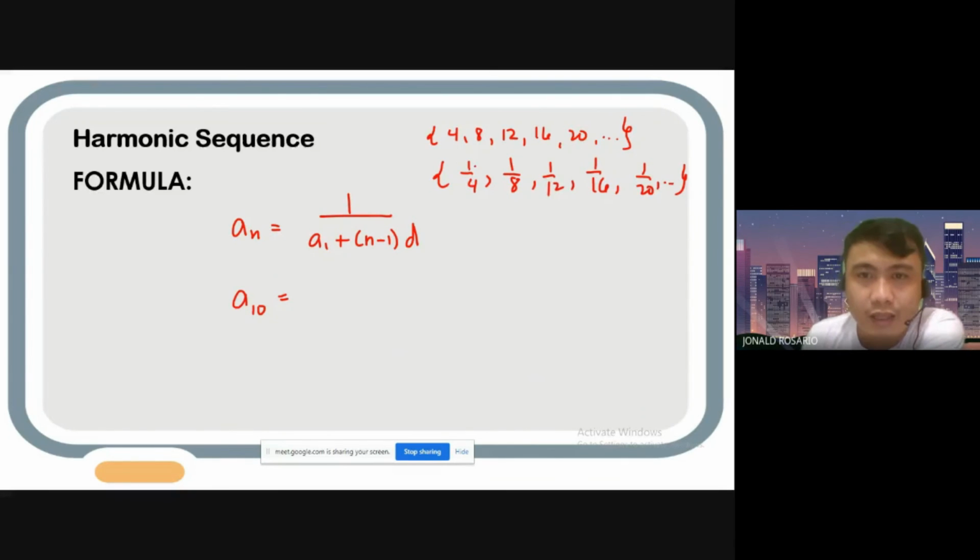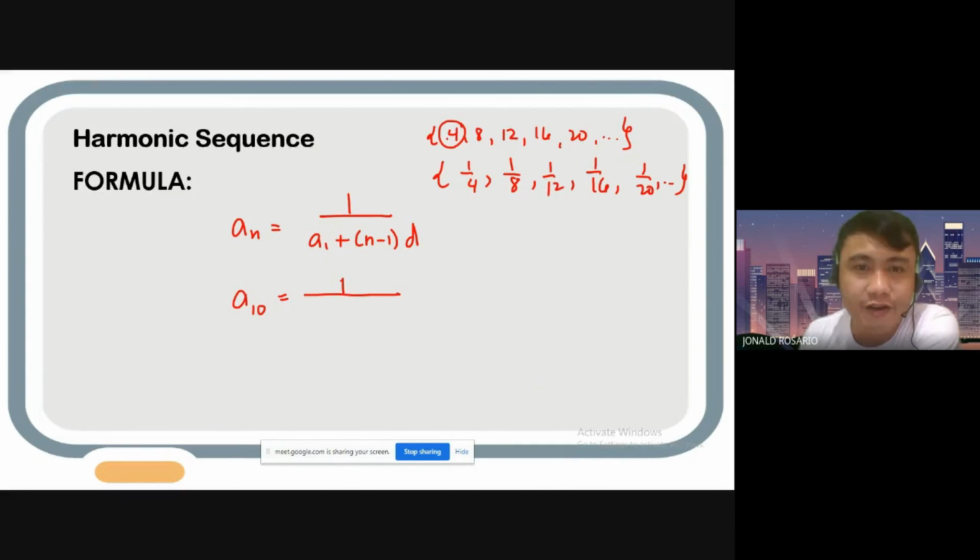Okay, dito galing yung ating harmonic sequence kasi na-reciprocal ko lang itong arithmetic sequence na ito. Para makuha yung pang 10th term natin, ang kailangan natin na a sub 1 is ito, yung 4, hindi itong 1/4. Okay? I hope klaro yan kasi magkakalito-lito tayo kapag 1/4 ang kinuha nyo dyan.